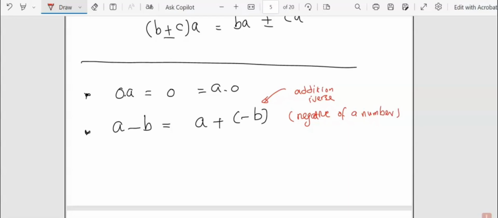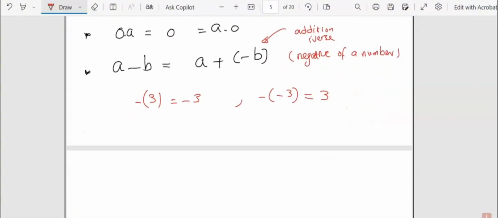For example, if we have the number 3, the minus of 3 is minus 3 intuitively. But minus minus will be plus. So the inverse of minus 3 is 3. The inverse of 3 is minus 3, and so on.